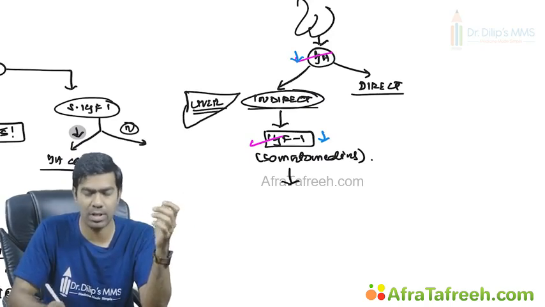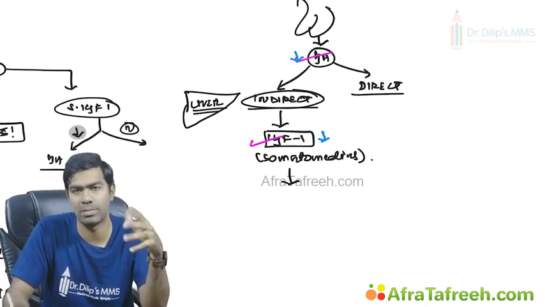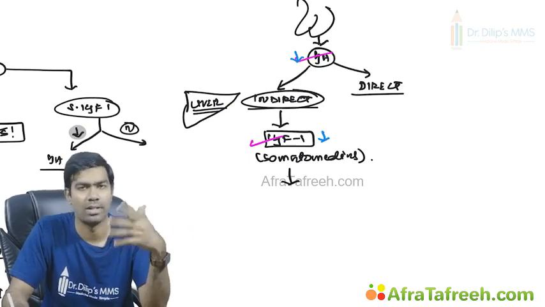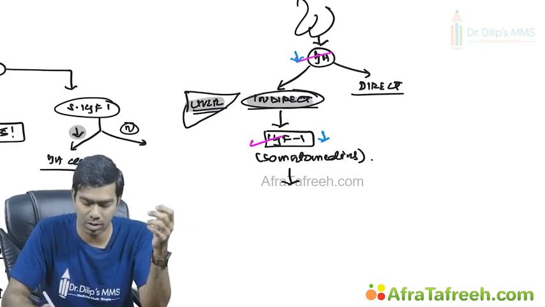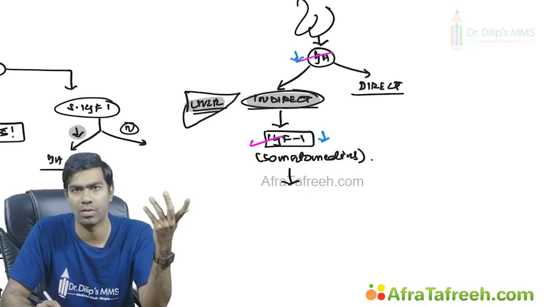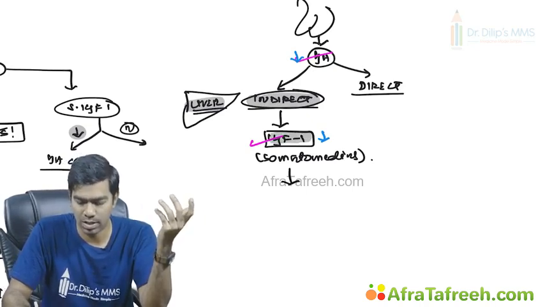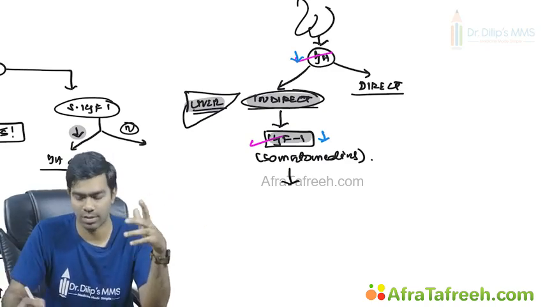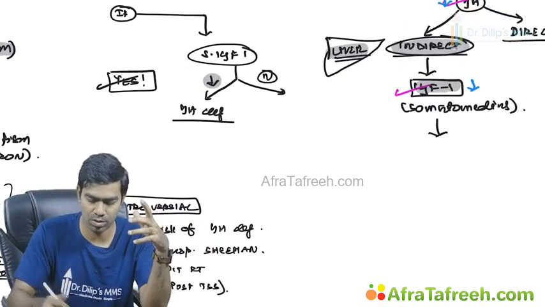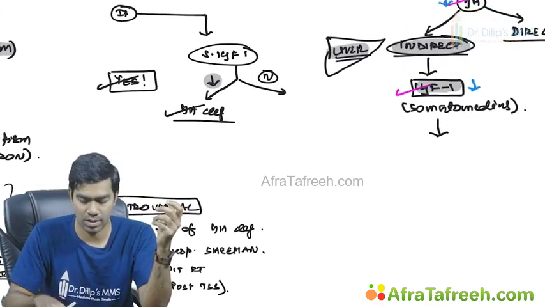I'm only telling you certain basic things now, but I'll discuss all these in detail in the subsequent videos. But the liver is one major organ which is susceptible to this indirect effect of growth hormone, resulting in release of IGF-1. And this IGF-1 is going to exert a lot of peripheral effects. So low IGF-1 usually indicates a growth hormone deficiency.